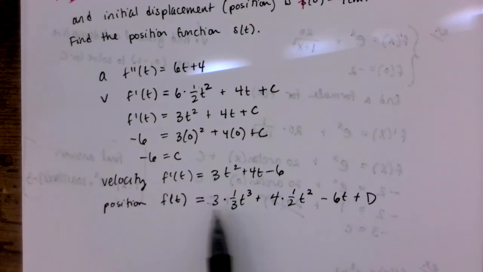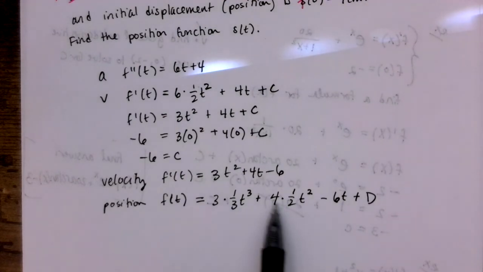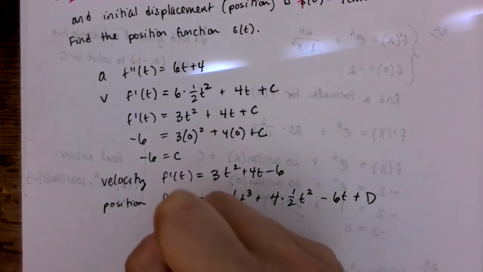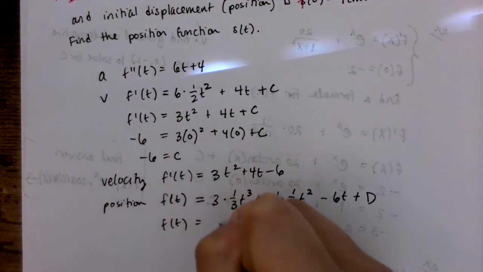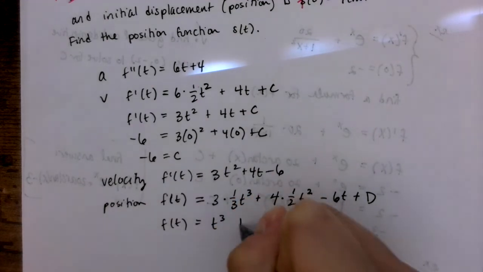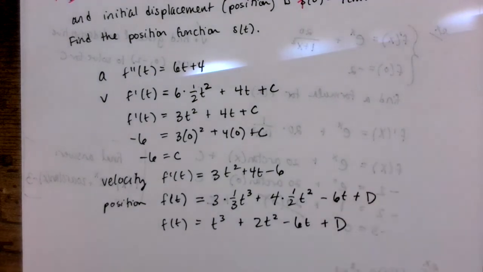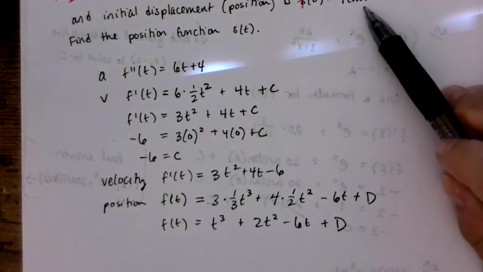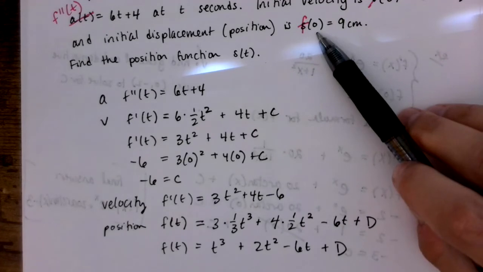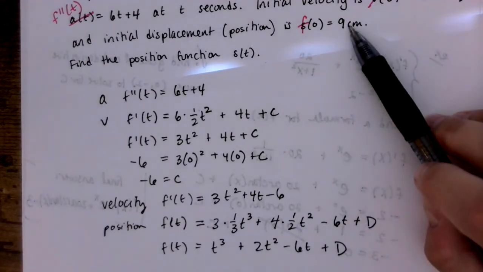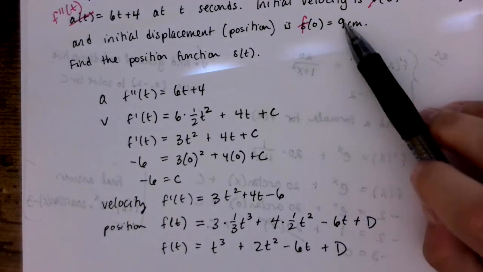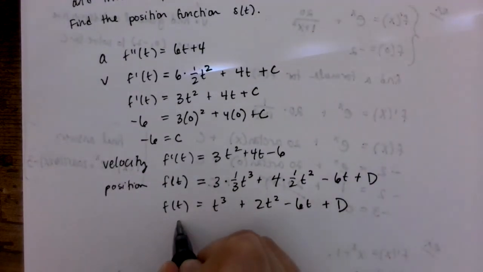Again, I'll clean up my constants. 3 times a third cancels out, 4 times a half is 2. So we get position is t cubed plus 2t squared minus 6t plus this mystery value. And now we'll come back up here and say, well, you said the initial position at 0 should be 9. So if I plug in 0 to this function, I should get 9 as the output.